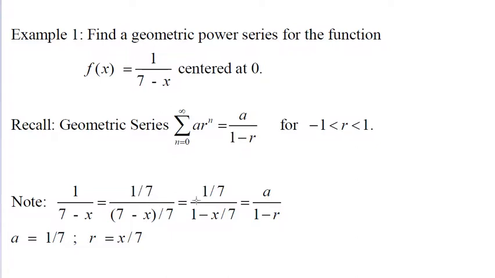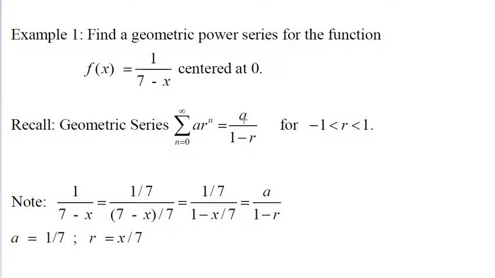So here we get 1 over 7, and then 7 divided by 7 is 1, and x divided by 7 is x over 7. And so now this is in the form of a divided by 1 minus r, and specifically a is 1/7, and r is x over 7.